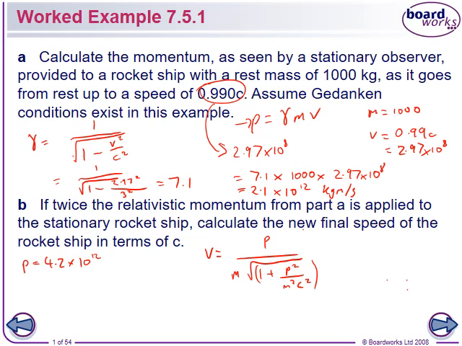So I get that to be 197, square root of that, times 1,000, and momentum divided by that.